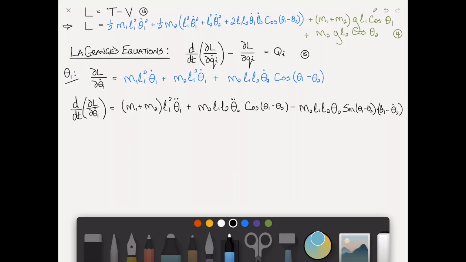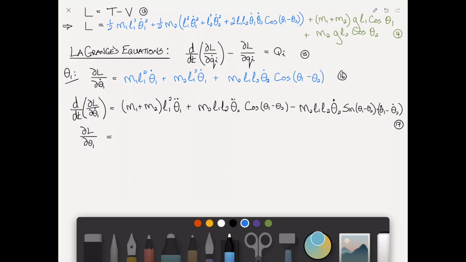Minus m2, I left out the dot here. So minus m2 L1 L2 theta 2 dot sine of theta 1 minus theta 2 times the quantity theta 1 dot minus theta 2 dot. Let's give these some numbers. This would be equation 16. This one would be equation 17.